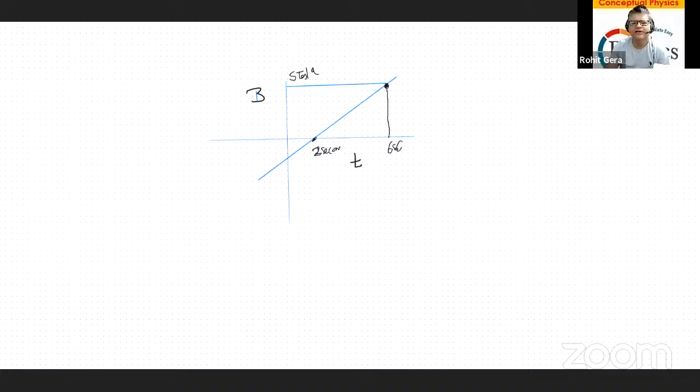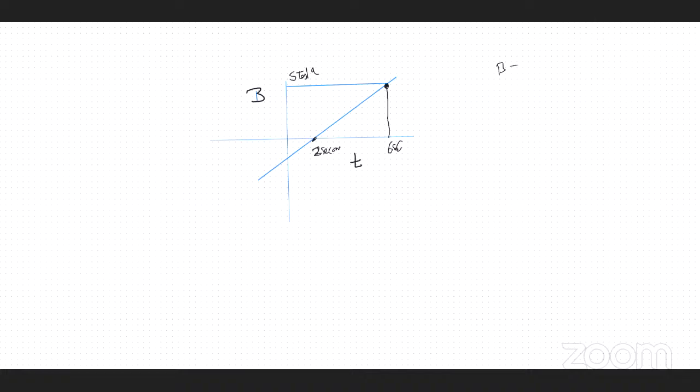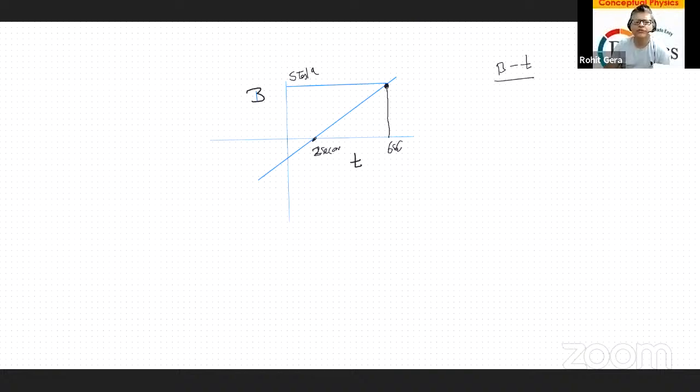Now the question is, I have to create a equation between B versus T. तो मुझे BT ग्राफ दिया हुआ है, तो मुझे B versus T की इक्वेशन बनानी है. What I do is, whenever you have to create a equation of a line, you have to take 2 points on the line and you label them as x1 y1 and the other point as x2 y2.